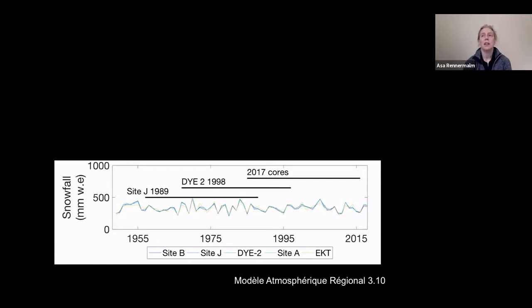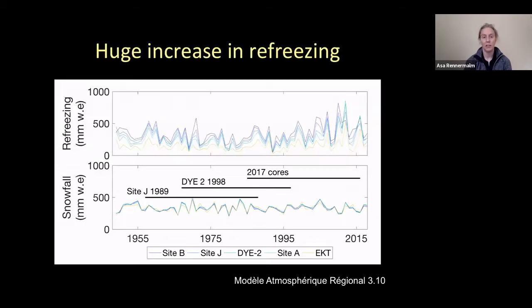But just like the spatial variability, where we saw snowfall averages similar but meltwater refreezing very different, it's the same with the temporal trends. So here we go. This is the refreezing over time. Now you can see these 5 sites separate out, but you also see there's a huge increase in refreezing starting in the late 80s, early 90s.